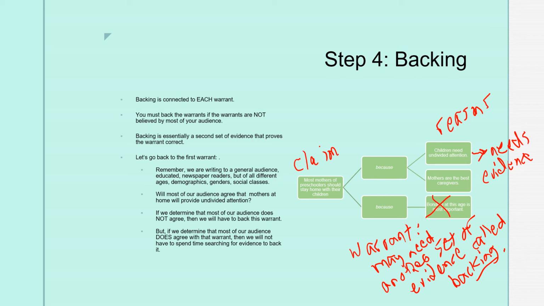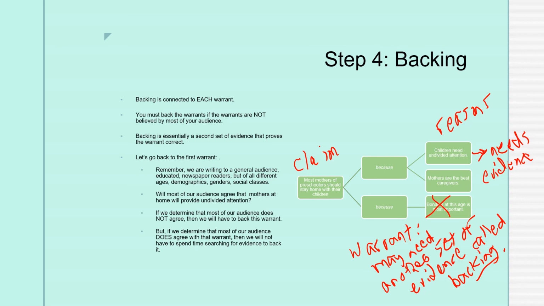Now, looking at the second one, remember the second reason is mothers are the best caregivers, and the warrant was mothers at home are the best caregivers. That one probably does need backing, because there could be research that suggests that the best caregivers are mothers who also work outside the home, and so therefore they bring their creativity and experience and selfhood of working outside the home back to caring for their preschool children.